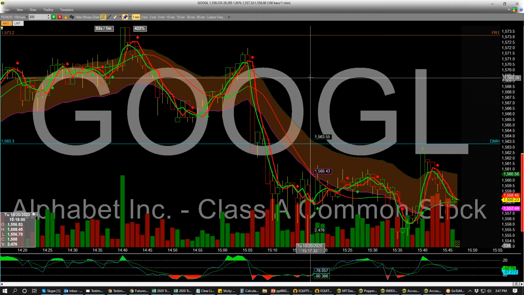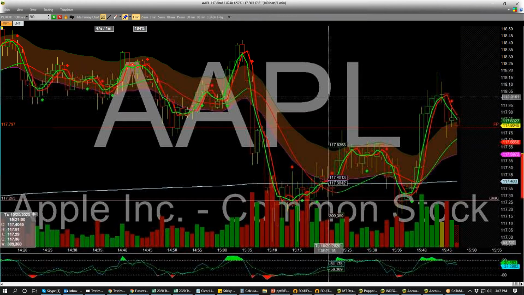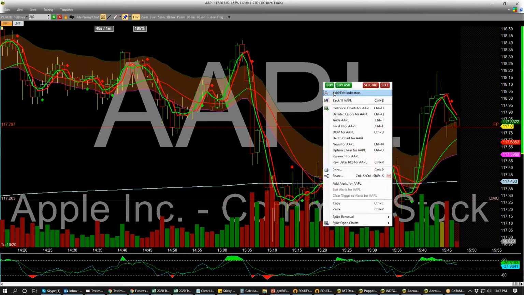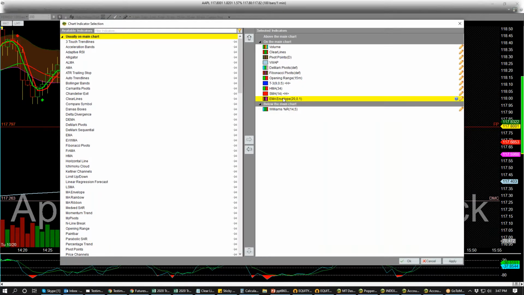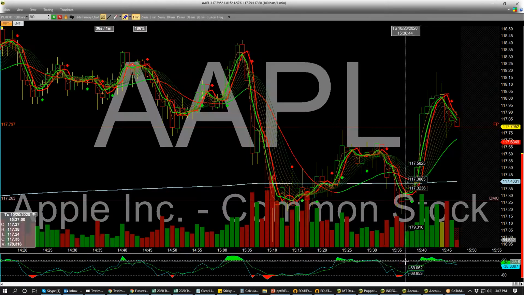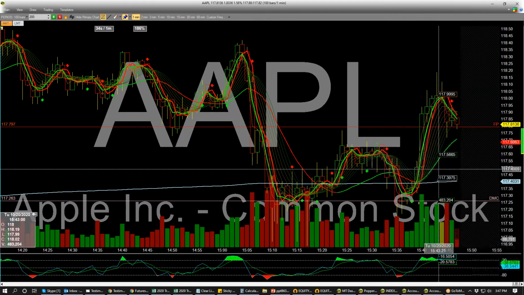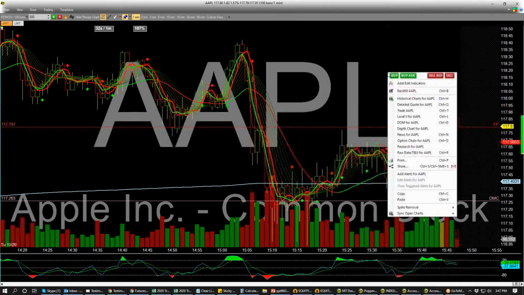Let's use Apple. I don't know how helpful that indicator would be to me. What's a moving average rainbow? That's definitely confusing. That's too much.